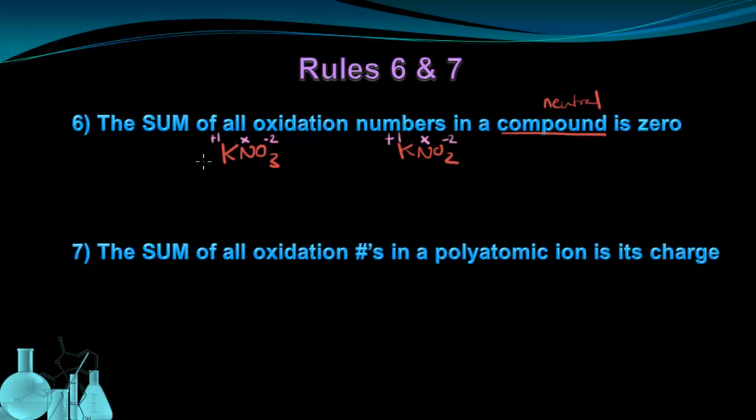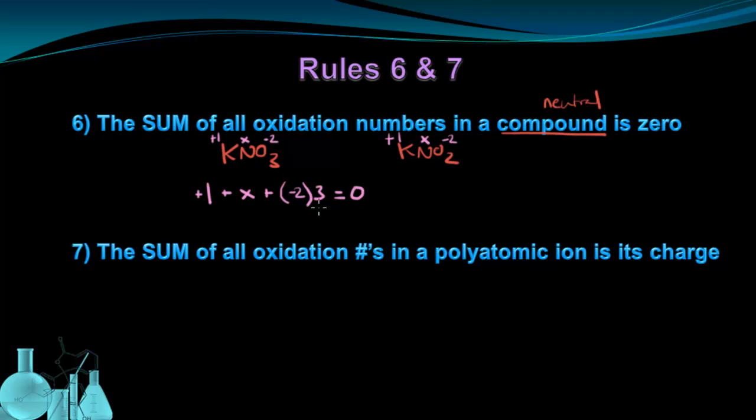So let's see what that looks like for the first compound. The potassium is +1. I have to add that to the nitrogen, which is X. I have to add that to the oxygen, which is a -2. However, I have 3 oxygens. So that means I'm going to multiply this -2 by 3. And the rule says if I add all of these up together, they have to equal 0.